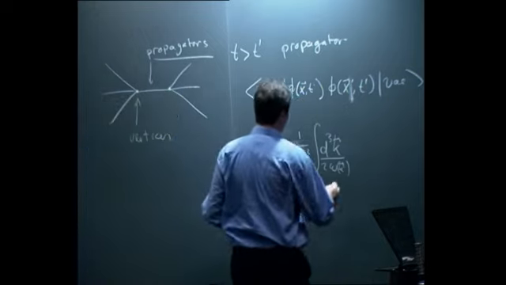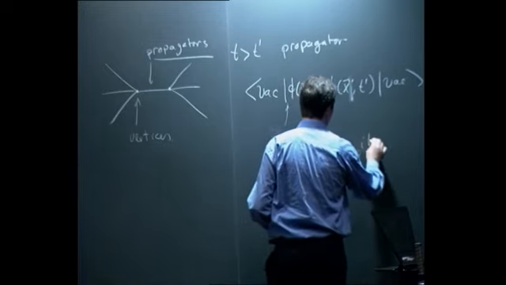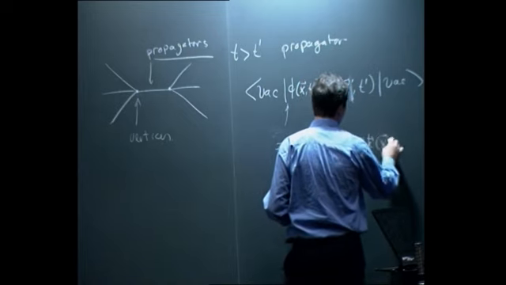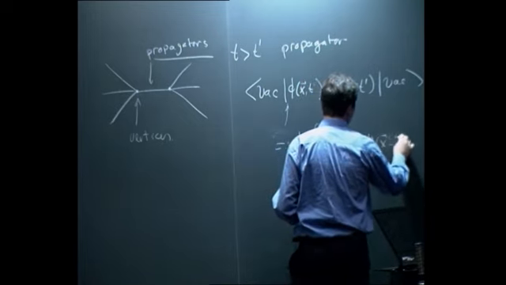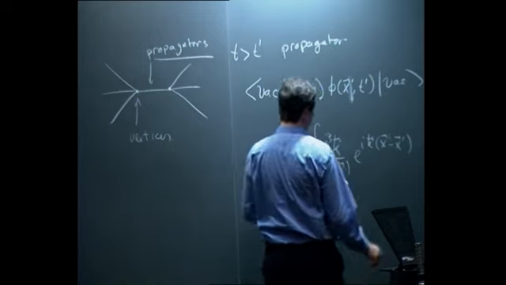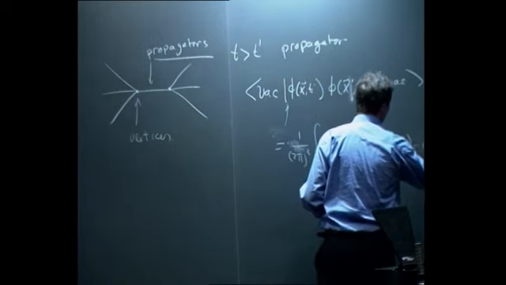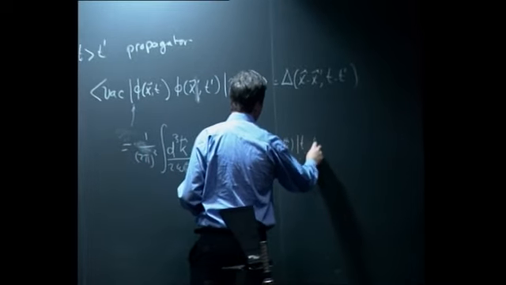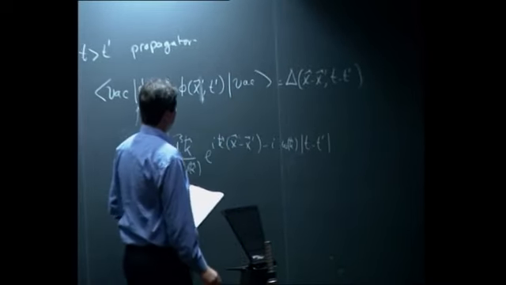So what I get is simply a plane wave with momentum k, but which depends on the difference between the two coordinates x and x prime. And then in here I have omega k, and then the difference in t and t prime.